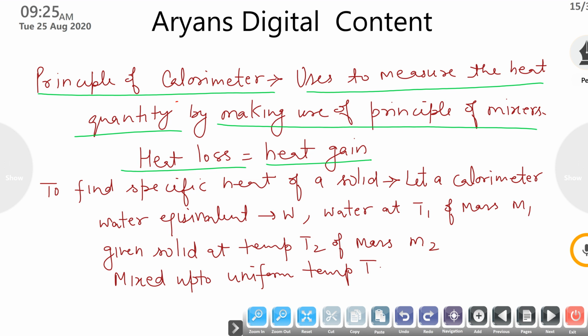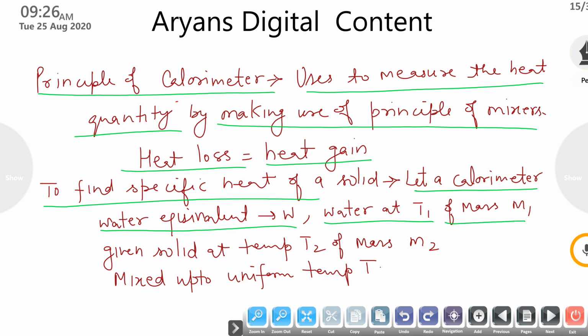Let us consider a calorimeter whose water equivalent is W. Water equivalent is W. So W is nothing but the mass. Next, suppose water is at temperature T1 and its mass is M1. The quantity of mass is M1 and its temperature is T1.